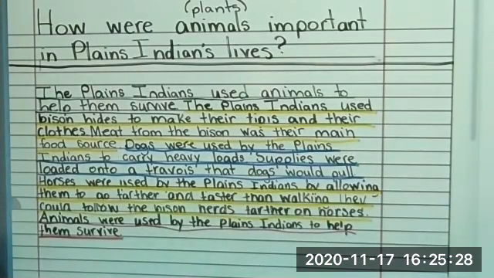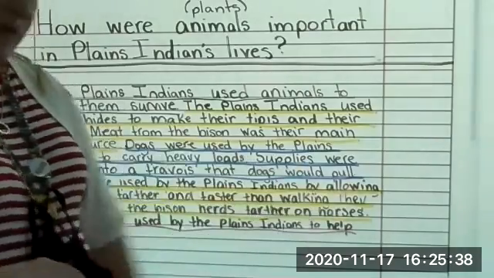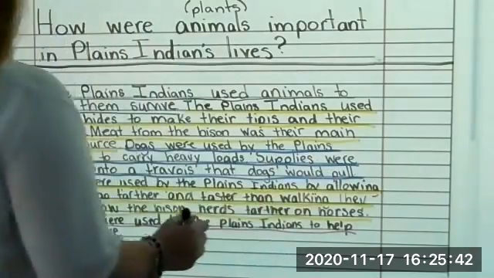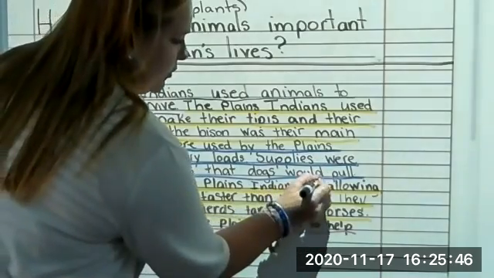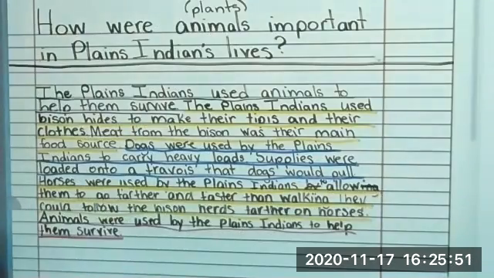And I'm going to edit something right now, okay? Because I don't like the way it sounds. This part right here, horses were used by the Plains Indians by allowing. I don't like that. I want it to say, horses were used by the Plains Indians to allow. Nope, I don't like that either.